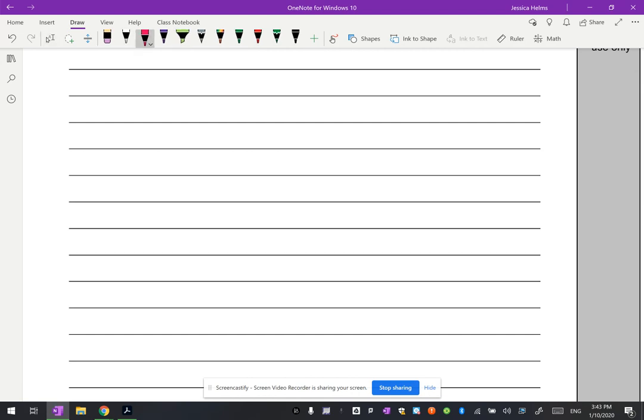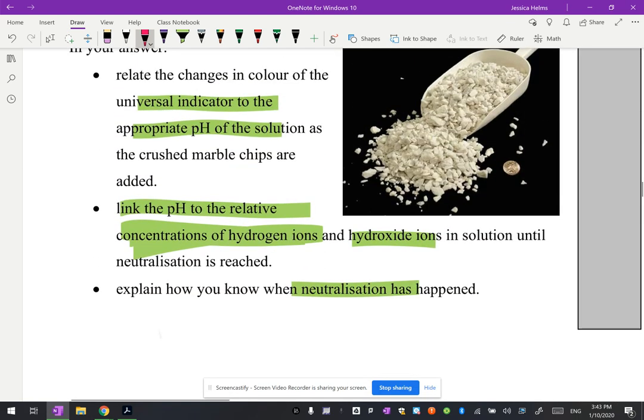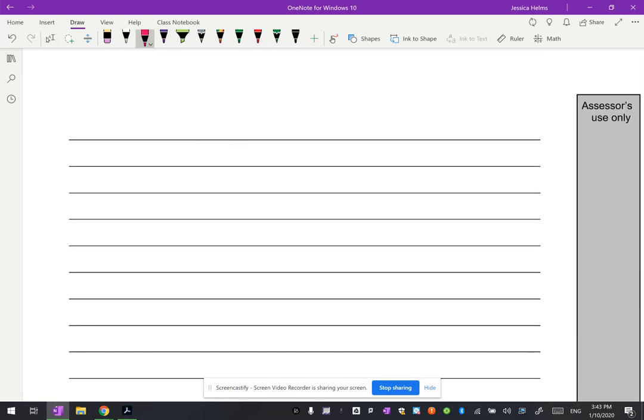Okay, so at the beginning, this is made up of nitric acid. So we've got nitric acid to begin with. So HNO3 is going to be very acidic, and therefore red, due to the high concentration of the hydrogen ion.